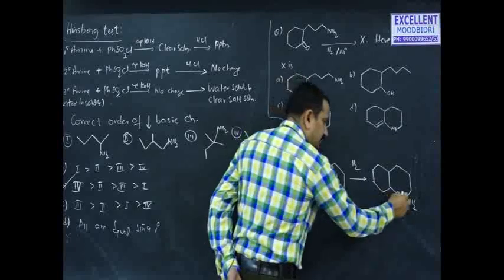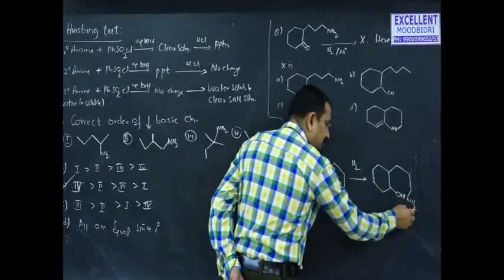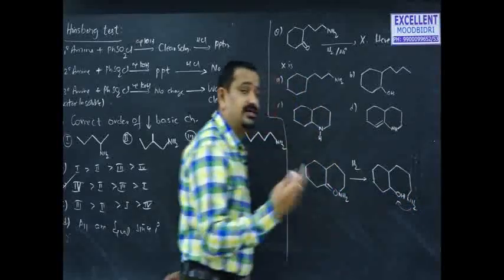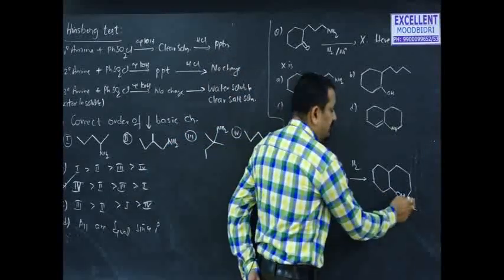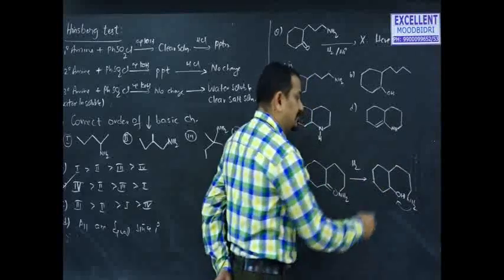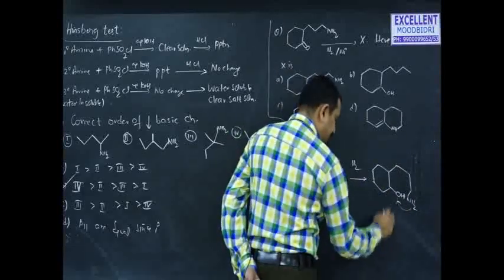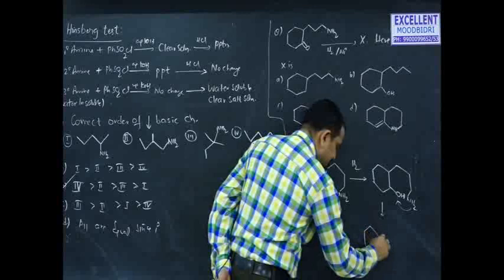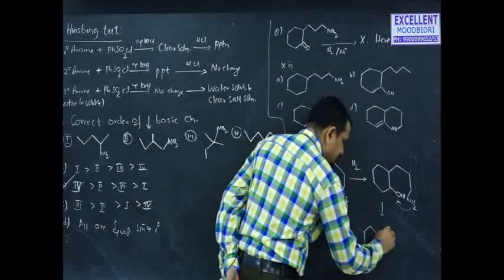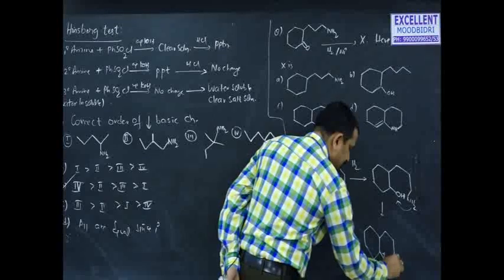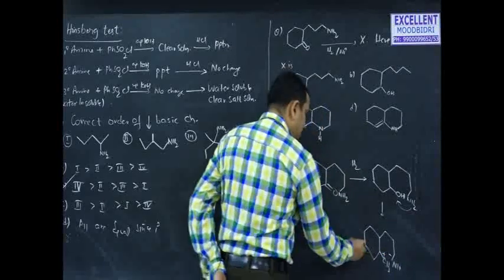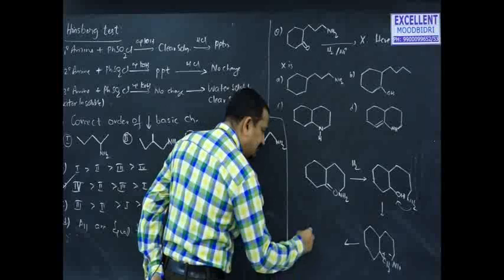Now this OH accepts a proton readily from NH2. NH2 is larger in size. Both N and O have lone pairs, but because of its large size, that is more basic. So it donates a proton, giving OH2 plus and NH minus, and on further reaction it acts as a good leaving group.